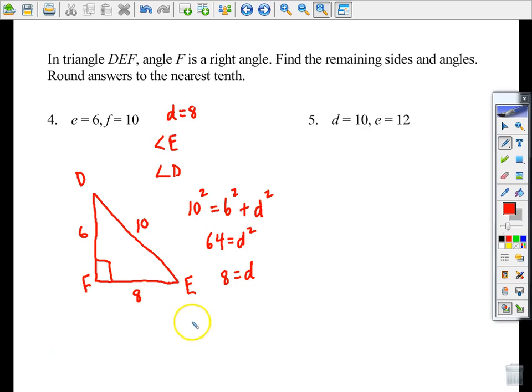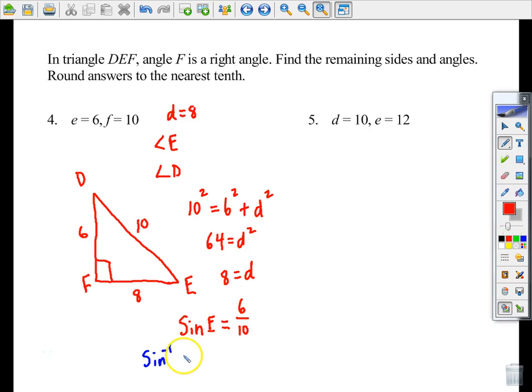Let's write it in equation form: sine of angle E is equal to the opposite, which is 6, over the hypotenuse, which is 10. Now I'm trying to find angle E, so it's like solving this equation for E. I'm going to do the inverse of sine on both sides of this equation.